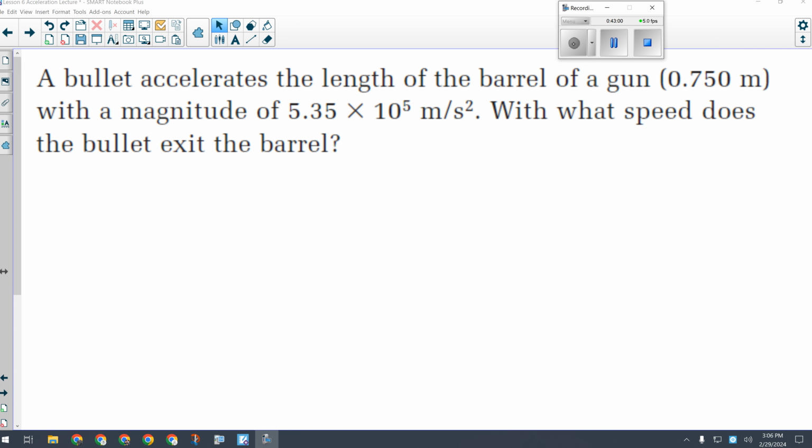All right, so we often use the formula that's going to be involved in this question with exactly this type of situation, a projectile. A bullet is a projectile. Bullets are fired or accelerated when the hammer of the gun comes forward and hits the casing where the gunpowder is.